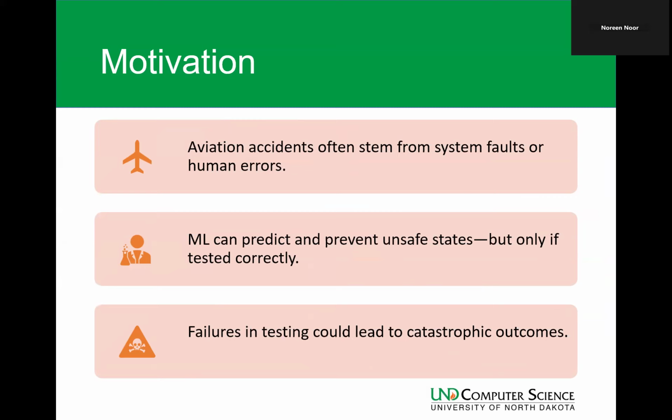For example, predicting when a sensor might fail or when flight conditions are becoming risky. But this only works if the machine learning models themselves are tested properly. If the testing is weak or incomplete, the system might make the wrong prediction at a critical time. And in aviation, that could mean serious or even catastrophic consequences.